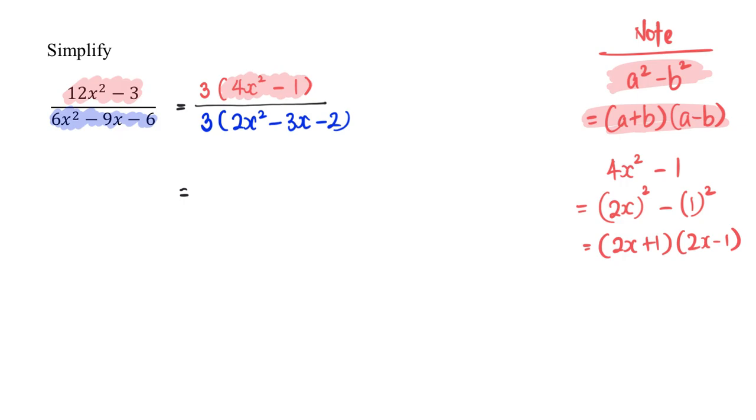And of course, if I see 3 and 3, I could actually divide off to give me the 1. And this part here will be 2x plus 1, 2x minus 1. This will be over. How can we continue to factorize this part?